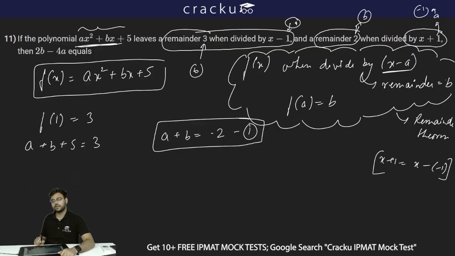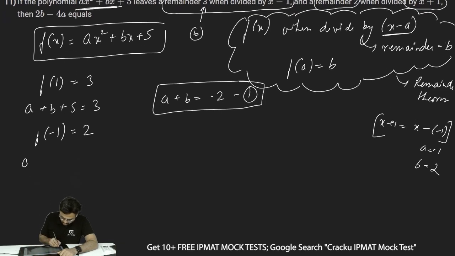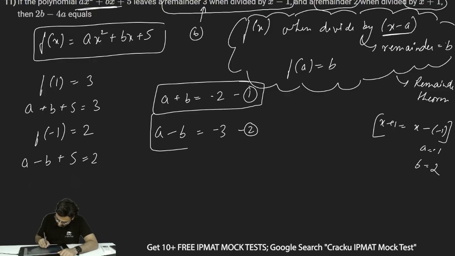So I can write f(minus 1) will be equal to 2, because a is minus 1 and the remainder b is 2. So a into minus 1 whole square is a, plus b into minus 1 is minus b, plus 5. So a minus b plus 5 is equal to 2, or I can write a minus b is equal to minus 3. This will be my second equation.